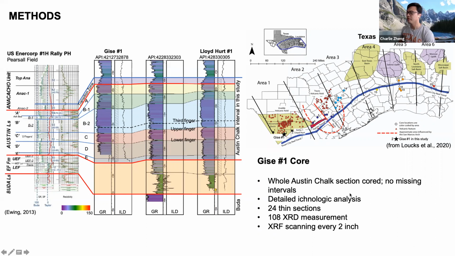We have detailed ecology analysis and 24 thin section checks, 108 XRD measurements, and XRF scanning at 2-inch spacing throughout the whole core. The core is situated in mid-county, back behind the Stuart City reef trend, so it's still on the shelf.